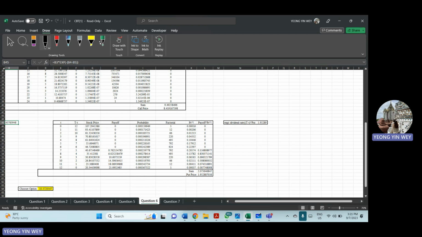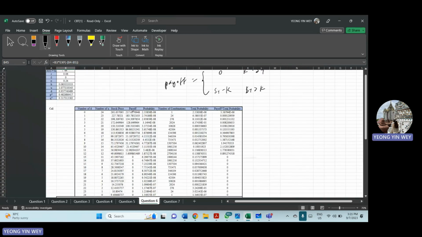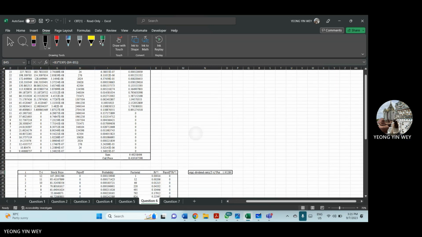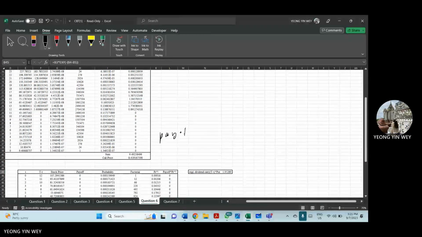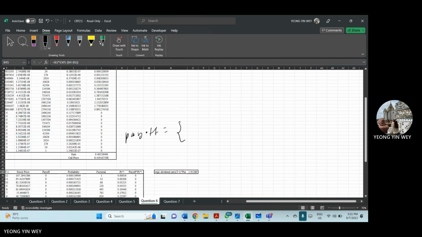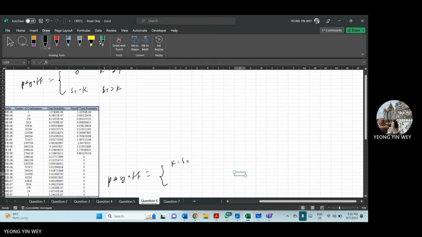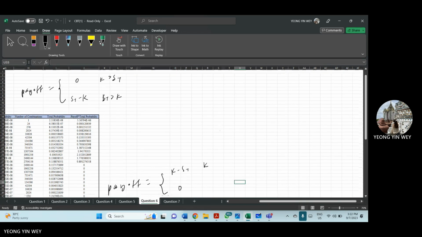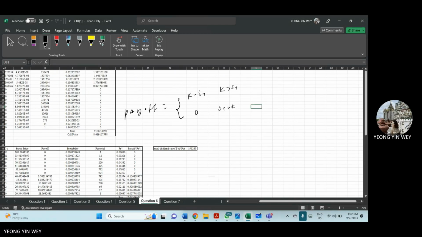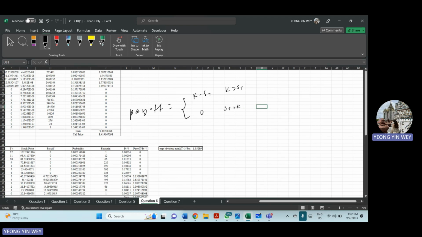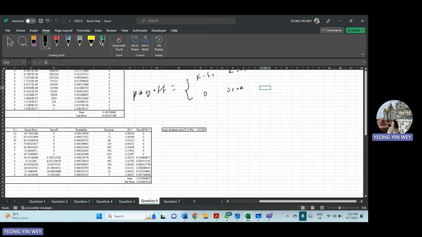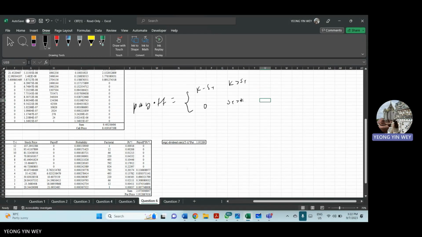But for the payoff, because what we did just now is the put option, if the stock price is larger than the strike price, then we do not exercise the put option, and vice versa. So we calculate the payoff, the probability, and the rest will be the same.